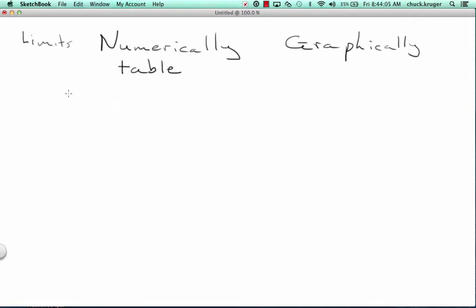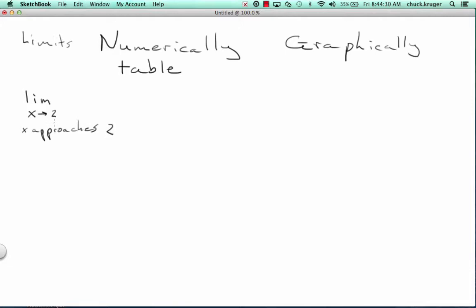So the first example is, and this is limit notation, and I want to make sure you write it in limit notation. LIM stands for limit, and it's limit as x approaches 2. Again, I say this is x approaches 2.